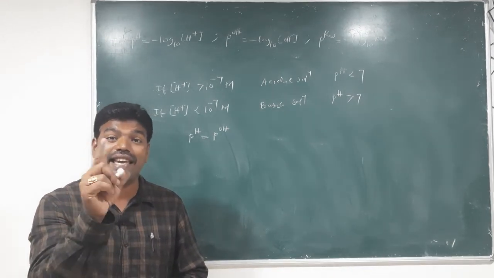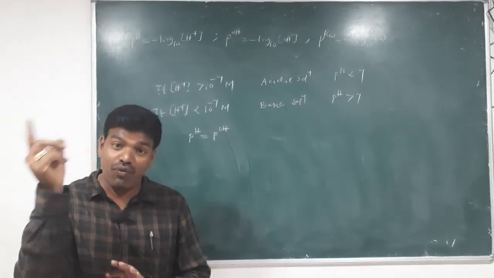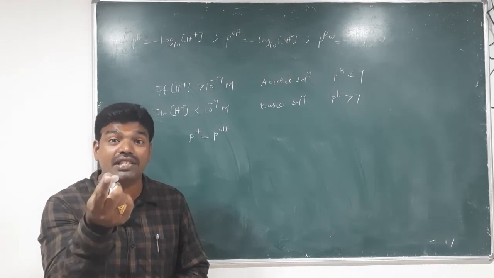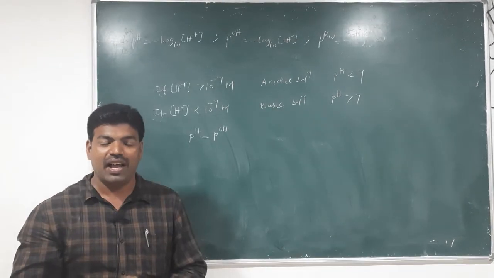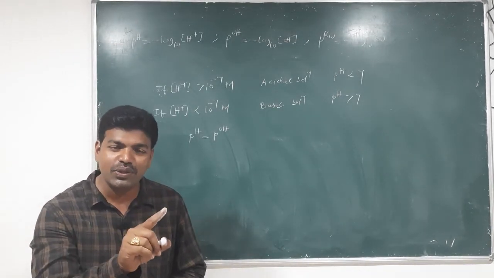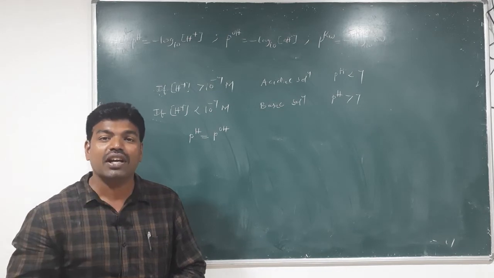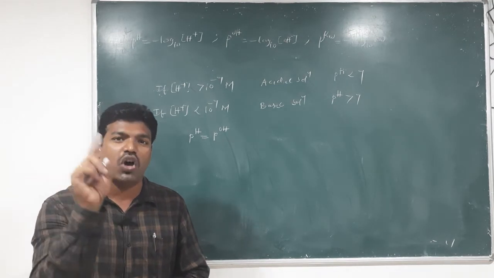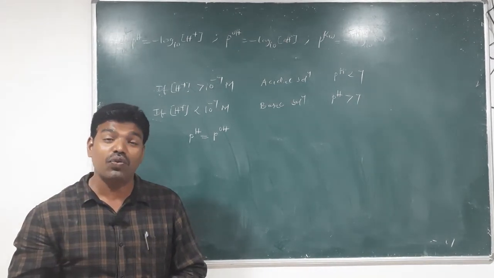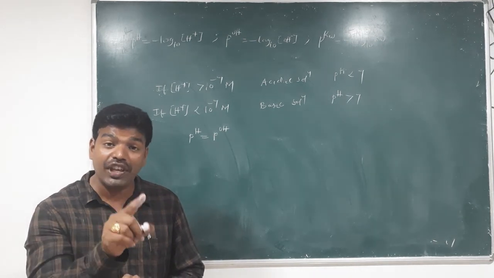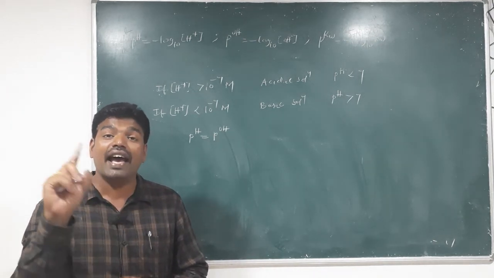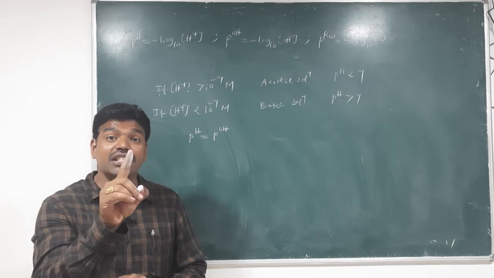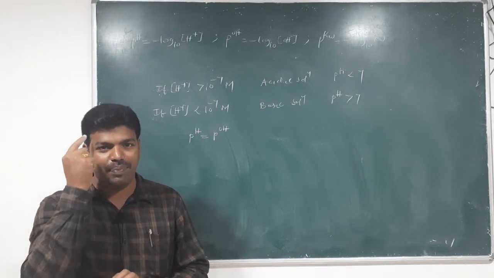If we change the solvent to something other than water, then the concentration of H plus ions may vary and the pH scale changes. You should keep this point in your mind.